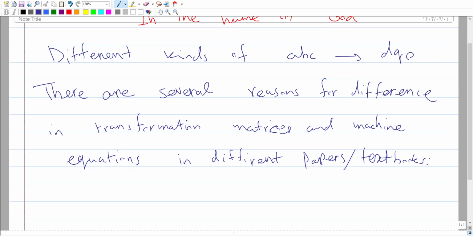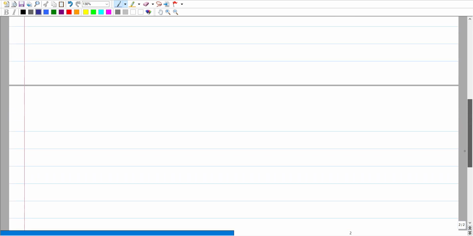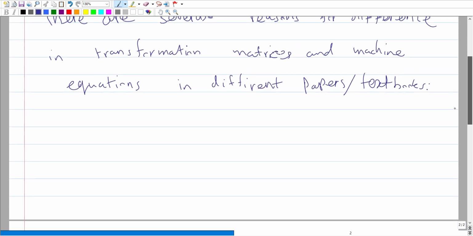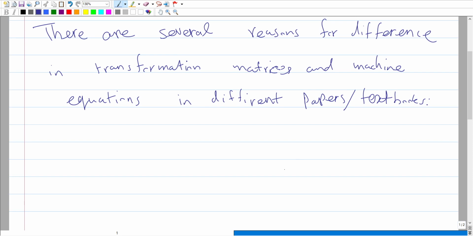I would like to tell you that there are several reasons that you should consider when comparing the equations of an identical machine in two papers or in two textbooks. The reasons are as follows.